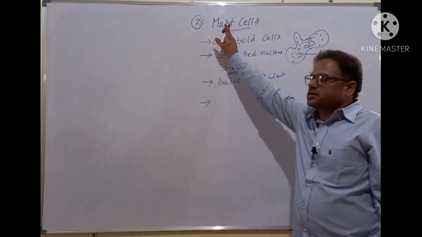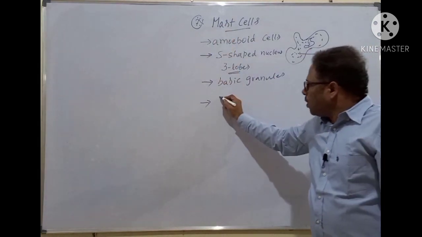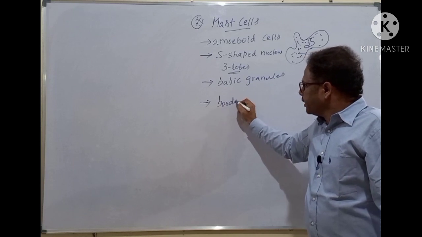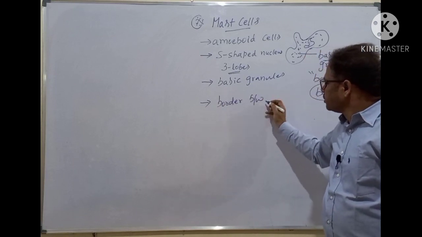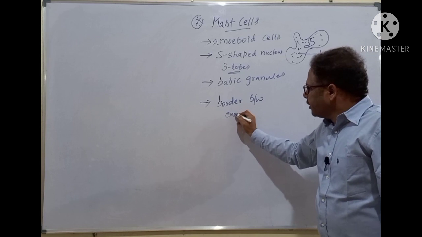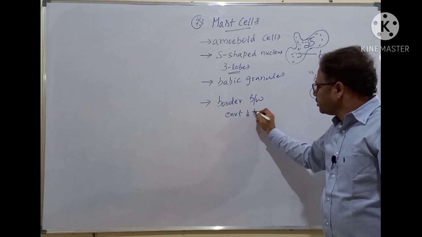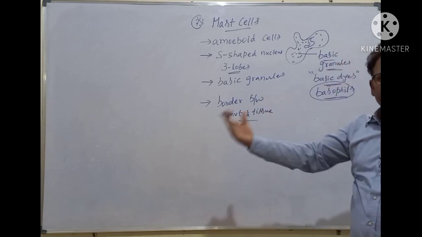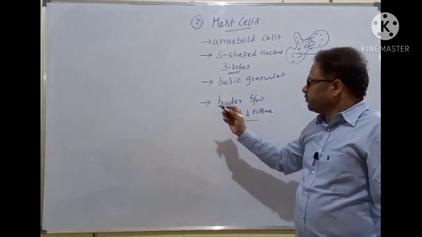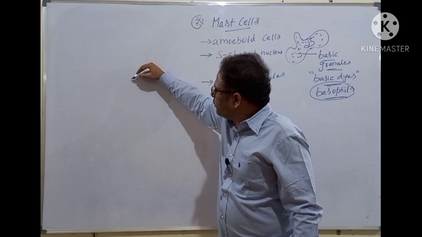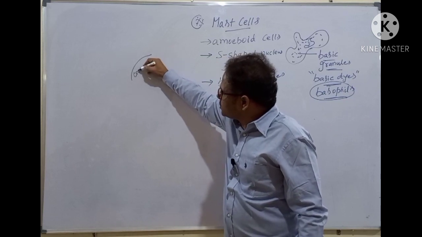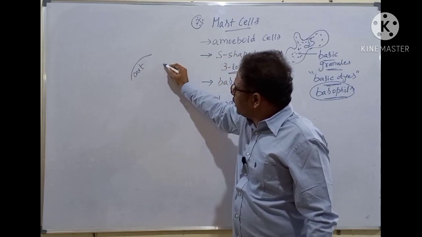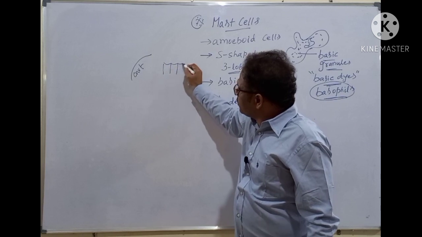And where are these mast cells present? At the border between the environment and the tissue. For example, this is the outside environment, and here is a tissue present.